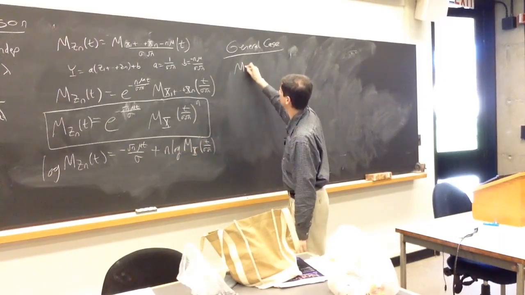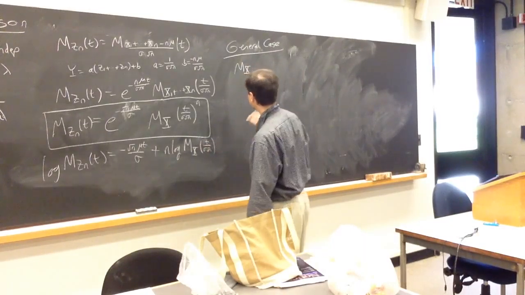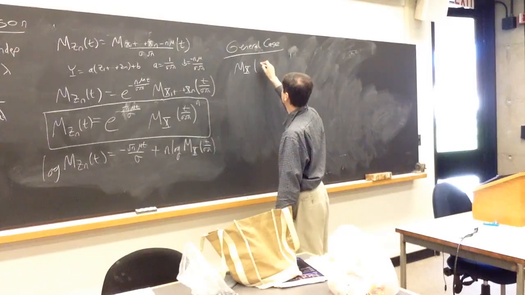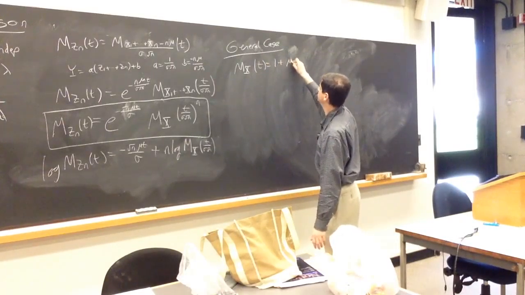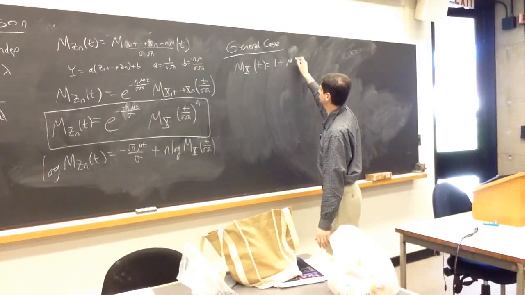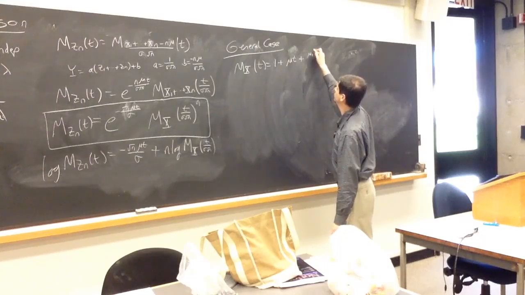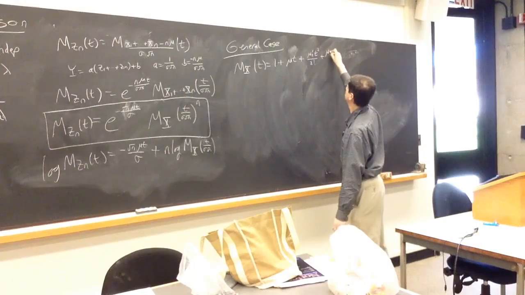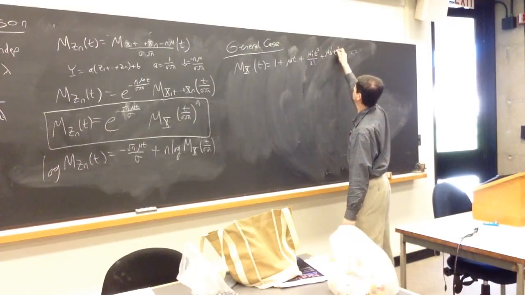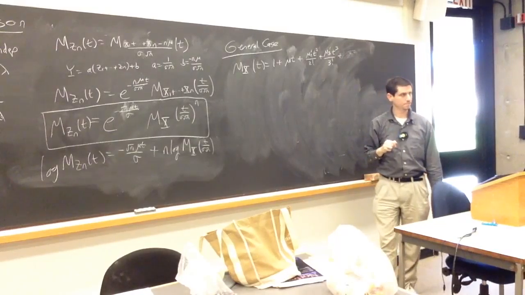So we have the moment generating function of x at t is 1 plus mu t plus mu2 prime t squared over 2 factorial plus mu3 prime t cubed over 3 factorial plus dot dot dot.